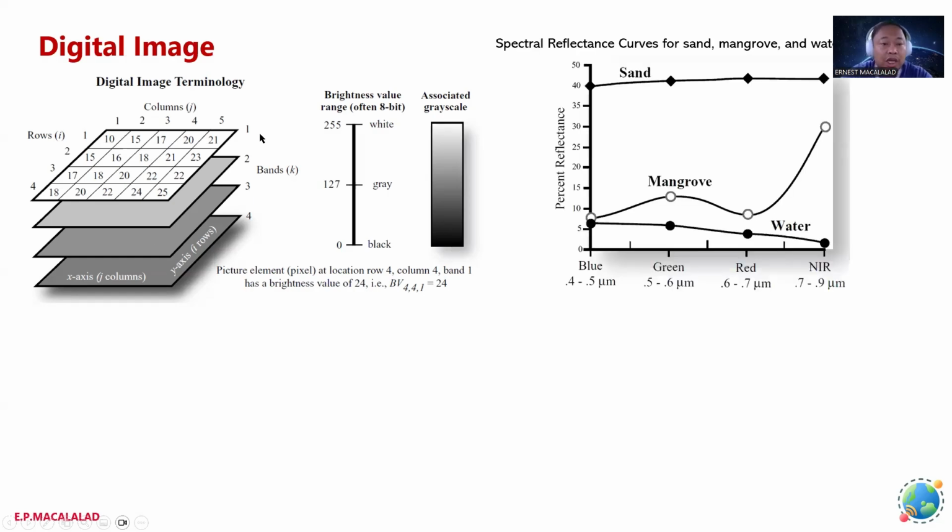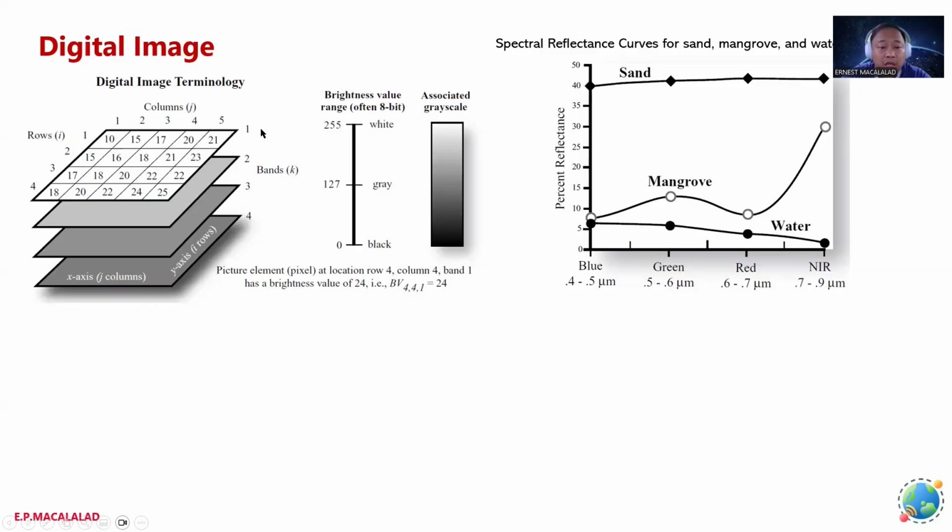So this is very important. The identification of the four bands that the remote sensing platform will use will depend on its application. Okay, so as you already know, different targets generally have different reflectances.